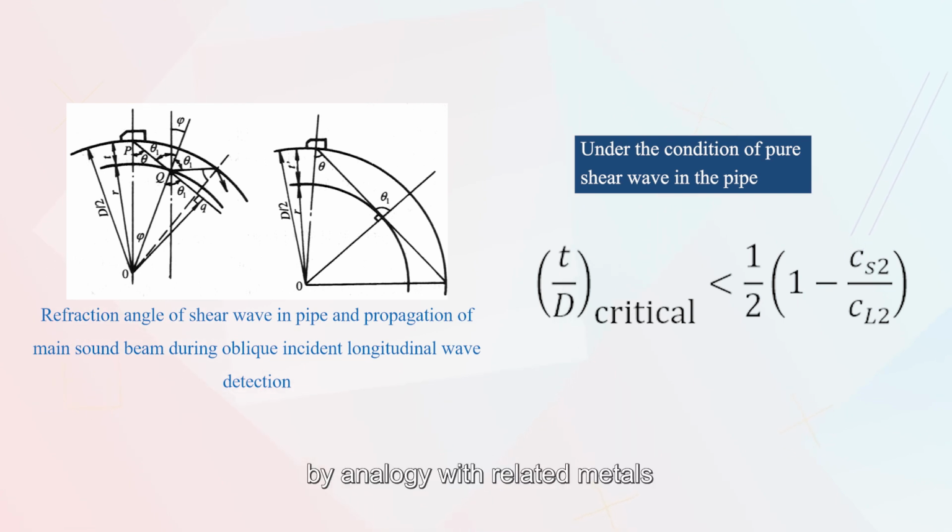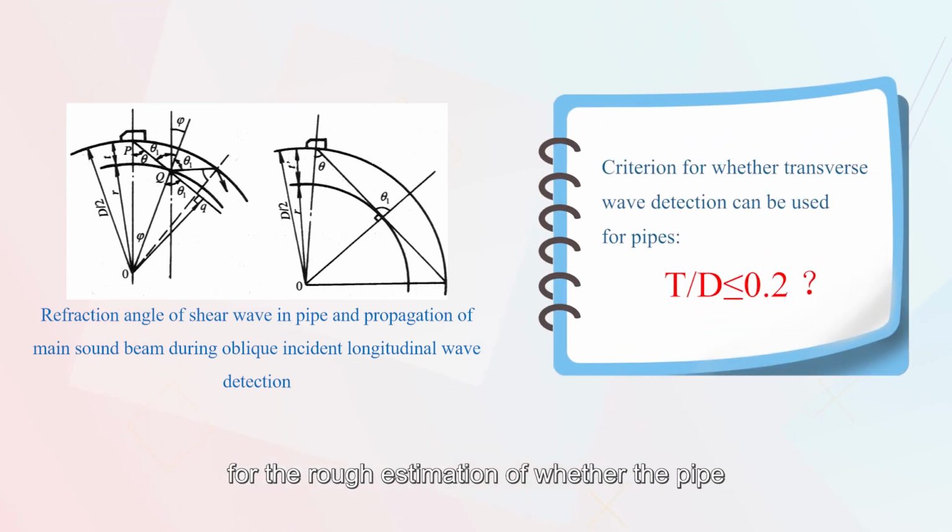Therefore, by analogy with the related metals, it is generally used as a criterion for the rough estimation of whether the pipe can be tested by shear wave.